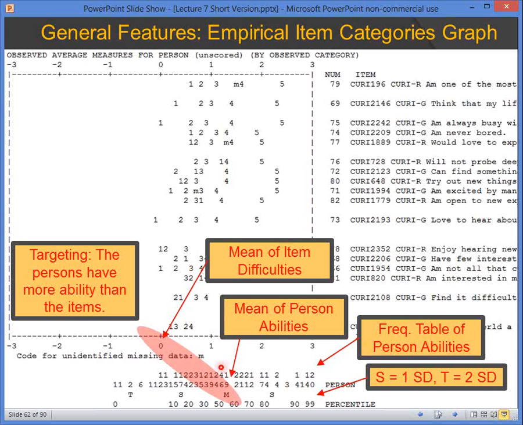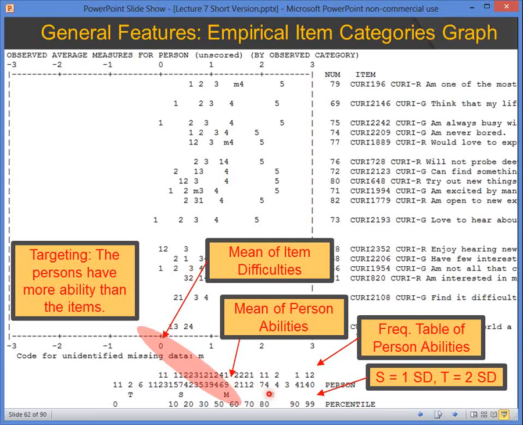Just below the mean, there's another 46 people, and just below that, another 24 people. So the frequencies are arranged vertically here in order to save space. And then you'll notice on either side of this M, the mean of the person abilities, there's an S, and then at the outer side there's a T, and this is standard deviations.